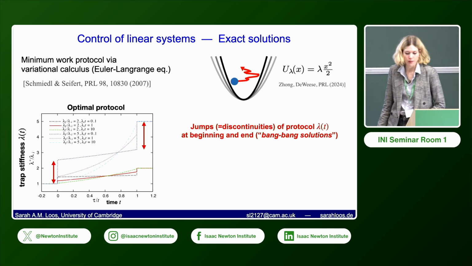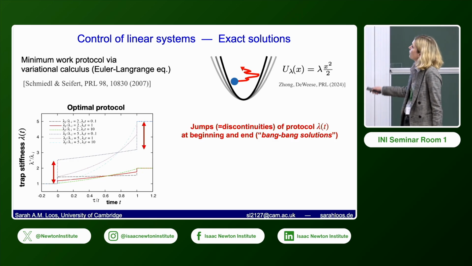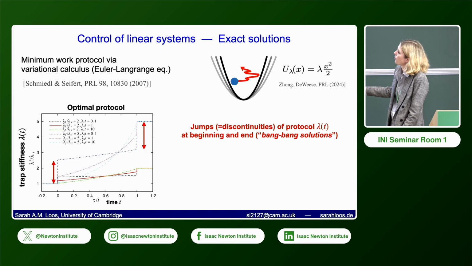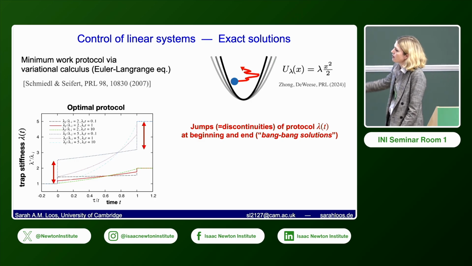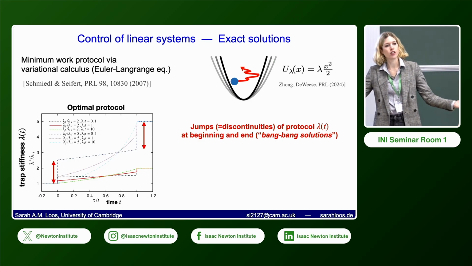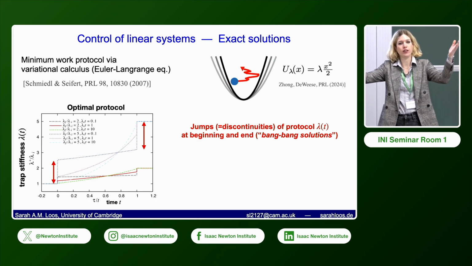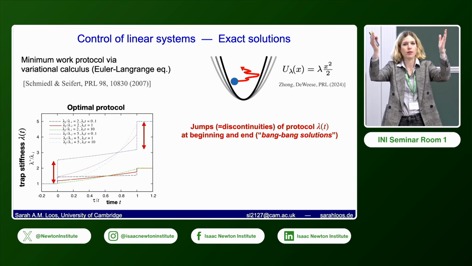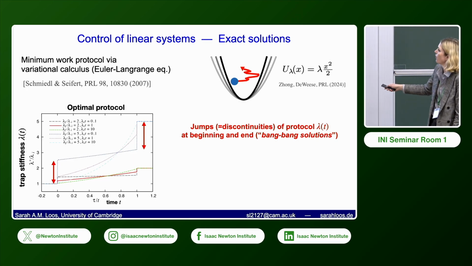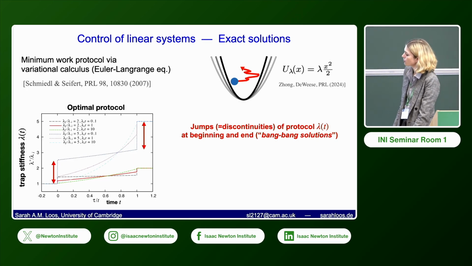And this is a purely linear problem, so it can be solved analytically via Euler-Lagrange equations. And what they found is that you have jumps of the protocol in the beginning and in the end. So what you want to do is that initially you quench quite a lot, then you have a regime where you go slowly in time, and then at the end you do, again, a very fast quench of your trap.